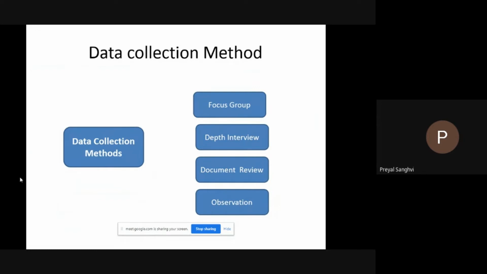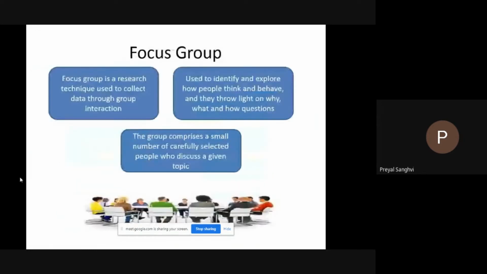First, we are going to discuss the focus group. A focus group is a research technique used to collect data through group interaction. Here the researcher discusses with a group and tries to collect the data. It is the same as a group discussion where 8 to 12 members are involved, discussing the same topic.